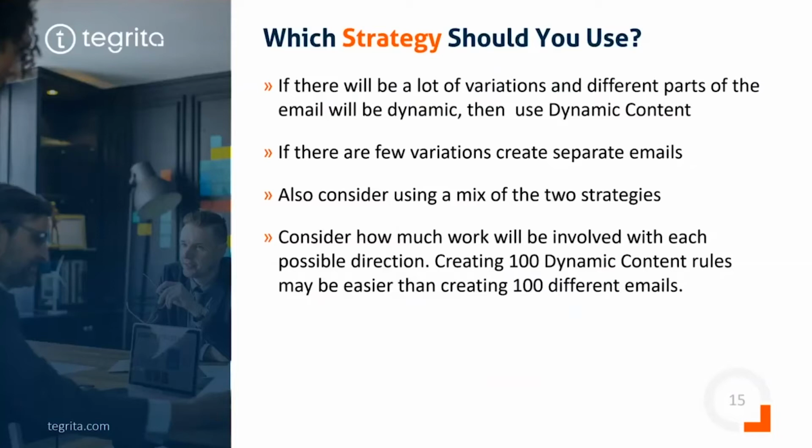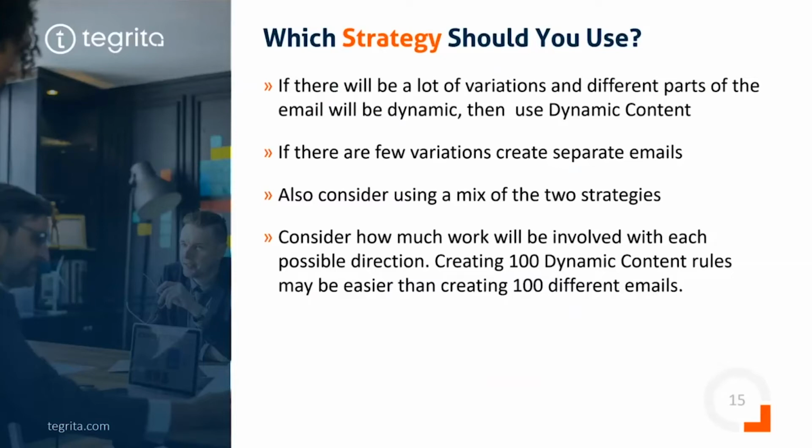If there's not a lot of variation, then you may want to focus your energy on just creating totally different emails and then doing that filter decision routing to send them to the right email. So, you know, touch 1A or touch 1B, that's just an easier way of looking at it, right? But you could also use a mix of these strategies. So you could pepper in a little bit of dynamic content, but still have it split across multiple emails.